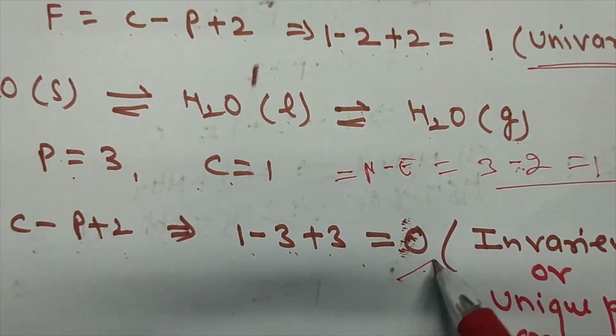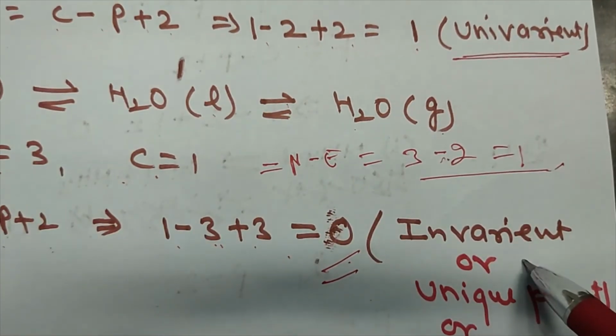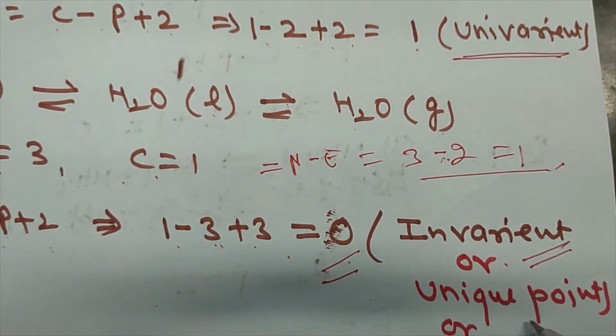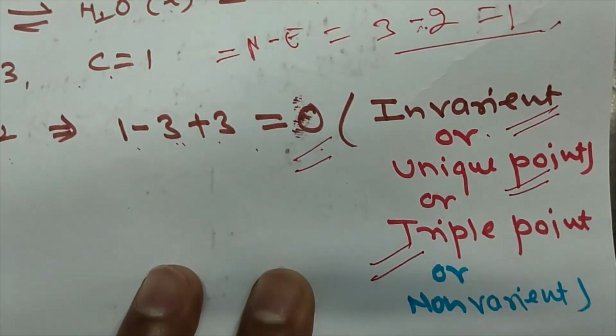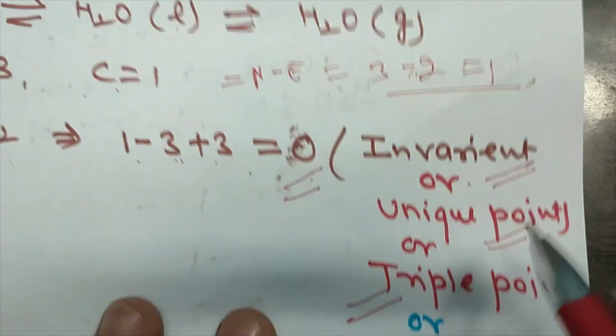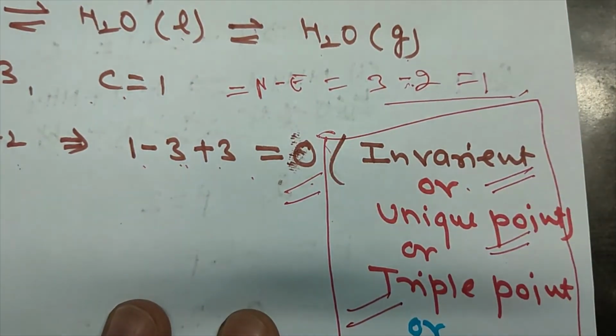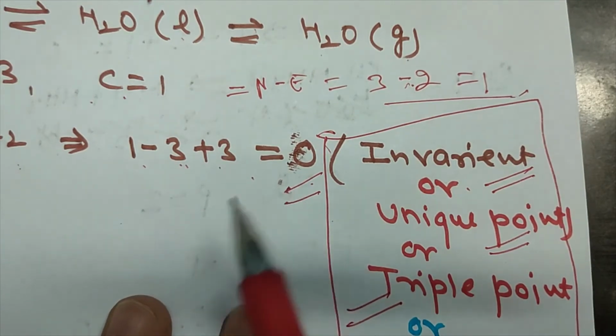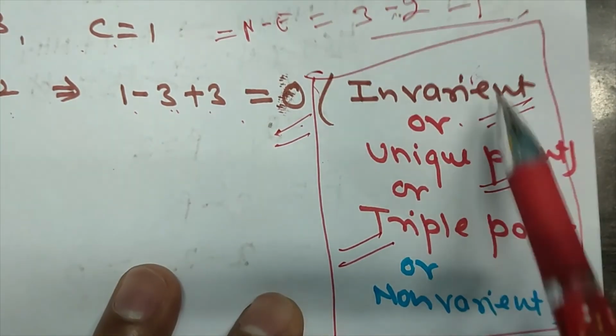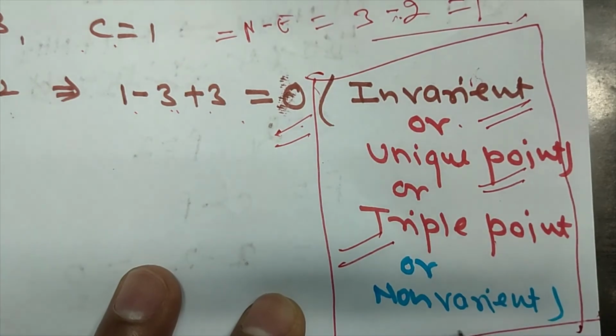If the degree of freedom is 0, it is known as invariant, unique point, triple point, or non-variant. These 4 names you may call it.